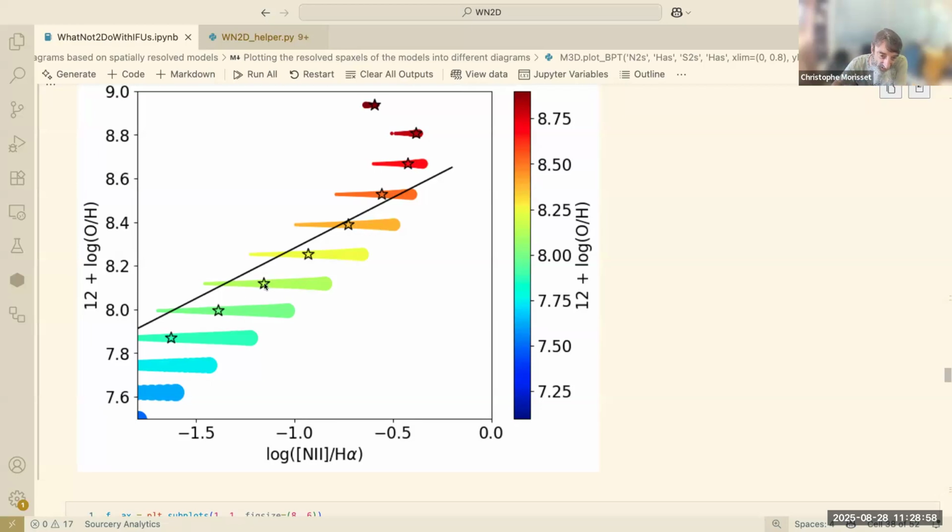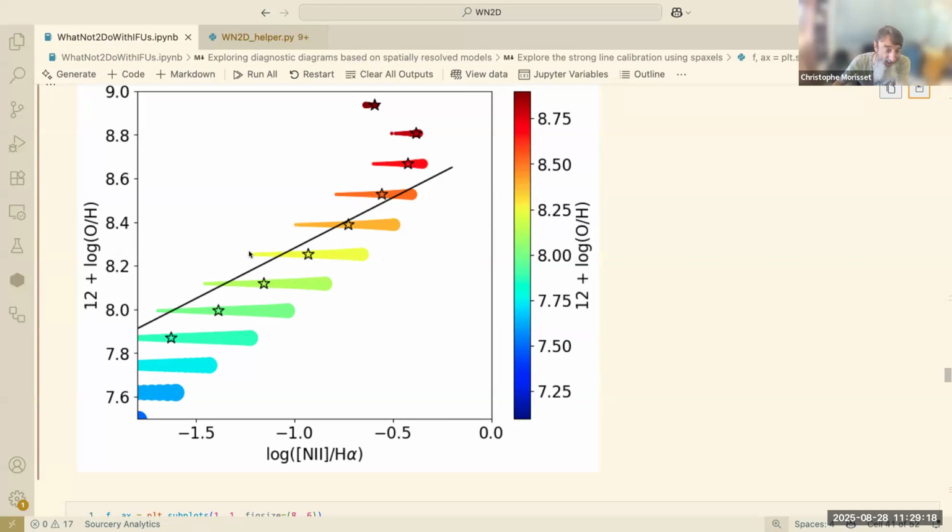So these are the stars here. But look at one, let's take the yellow one. This is one nebula with one metallicity. If you observe the inner part of the nebula, you will observe this N2 over H alpha ratio.